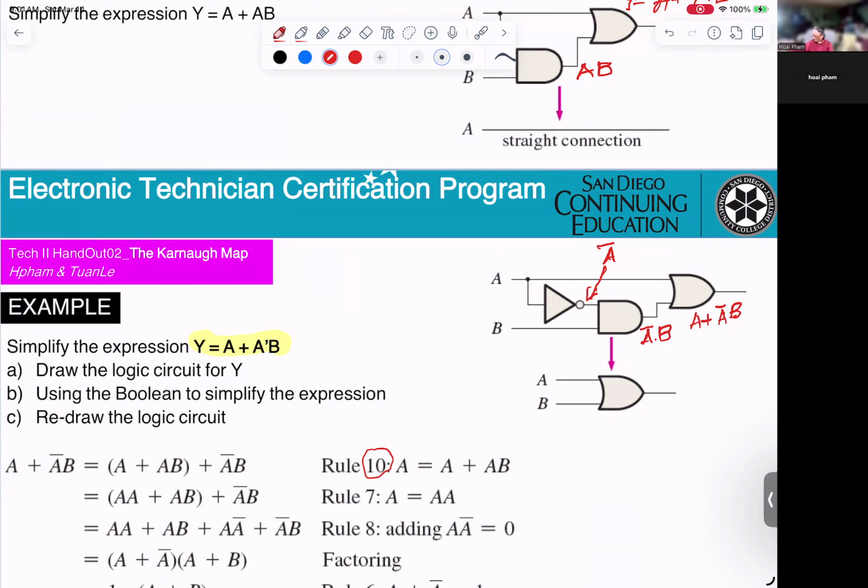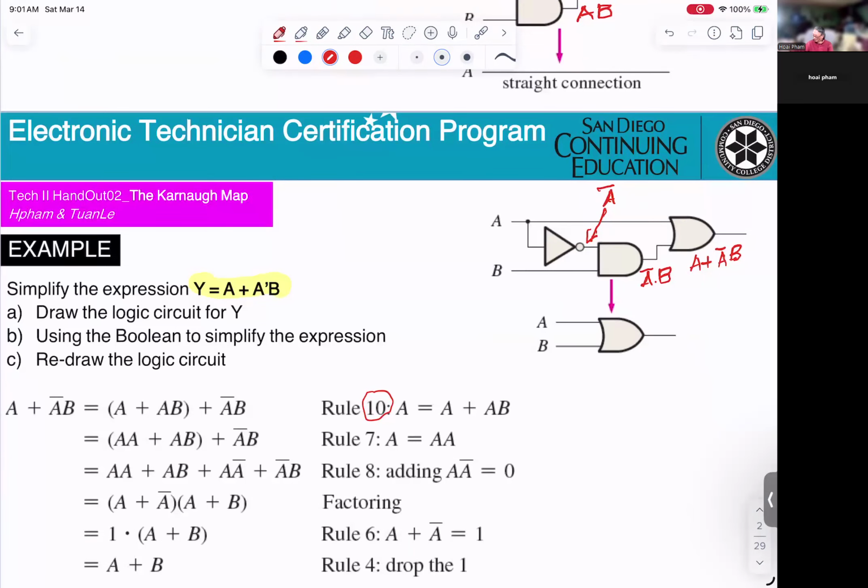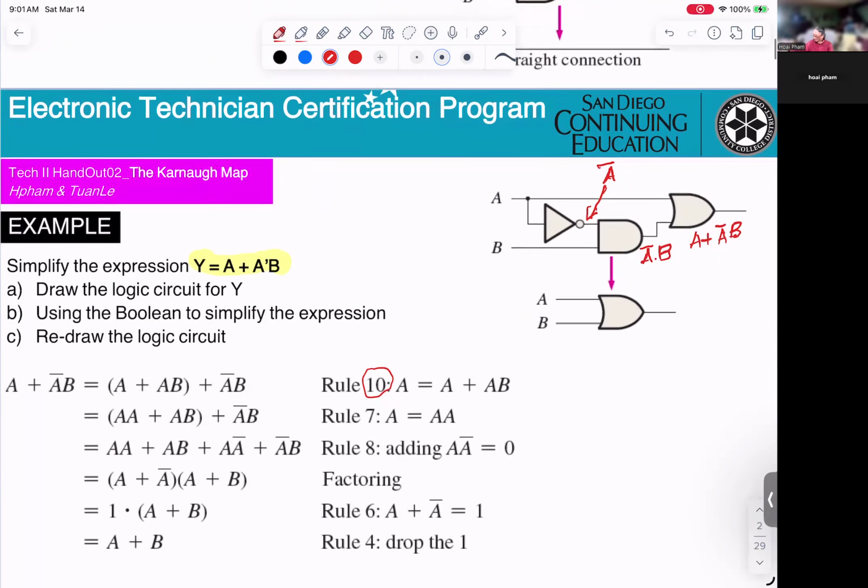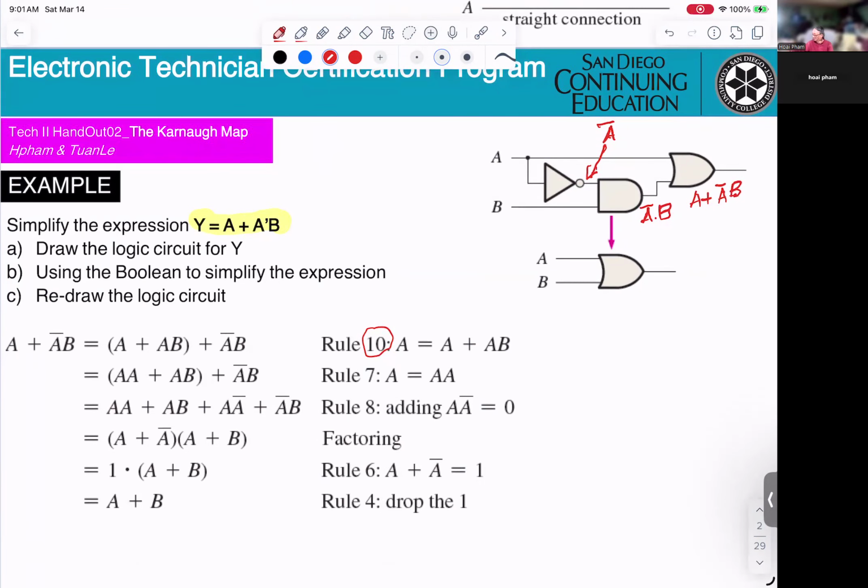And then rule 7, A equals A and A. And rule 8, adding A not A equals 0 and factoring A or not A equals 1. Okay, so that means after they simplify this circuitry, Y equals A and A or B.